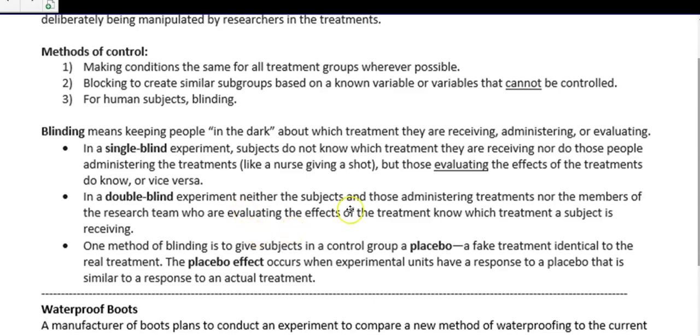So, for example, the people evaluating the effects of the treatments might try to be as objective as possible, but if they know that this person got a fake pill and this person got a real treatment, they might inadvertently evaluate them differently based on that knowledge. So it's really important to remove that source of bias by using blinding.